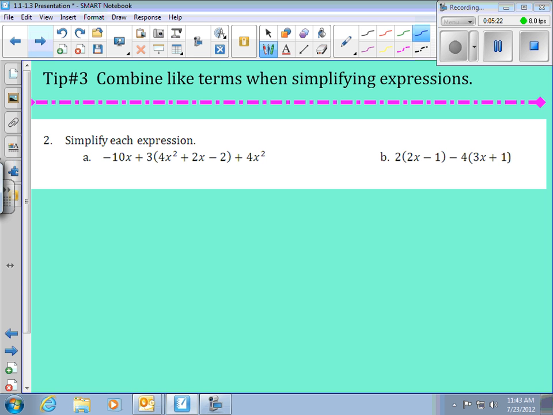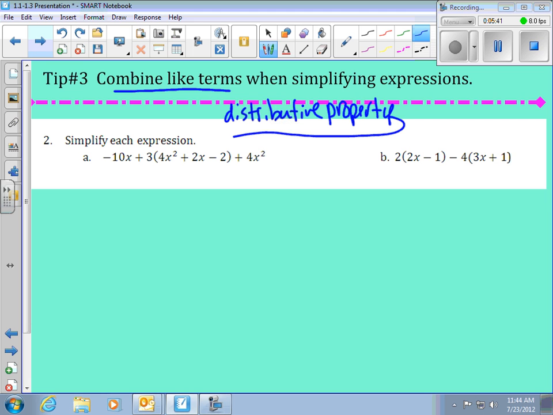Simplifying expressions. Basically, we combine like terms and simplifying expressions. And we also use, it's not in here, but we're going to be using the distributive property. And distributive property is always first, and then combining like terms would be second.